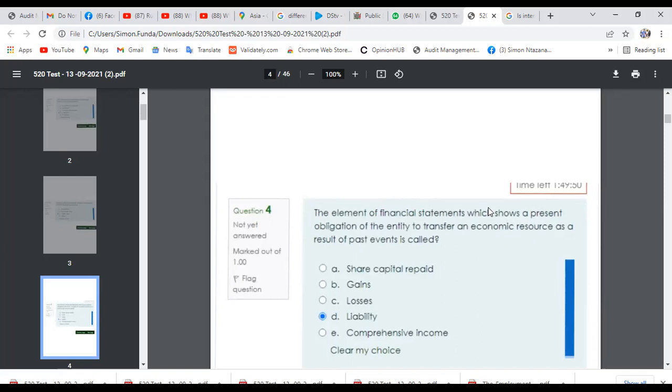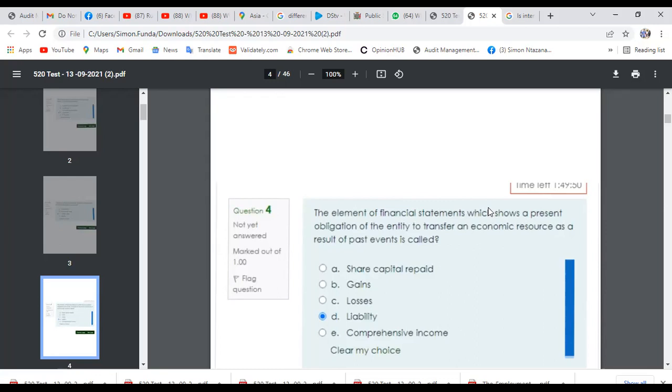Is that a comprehensive income? So this is just a definition of a liability. So a liability is a present obligation of the entity to transfer an economic resource as a result of a past event. This is how we define a liability.